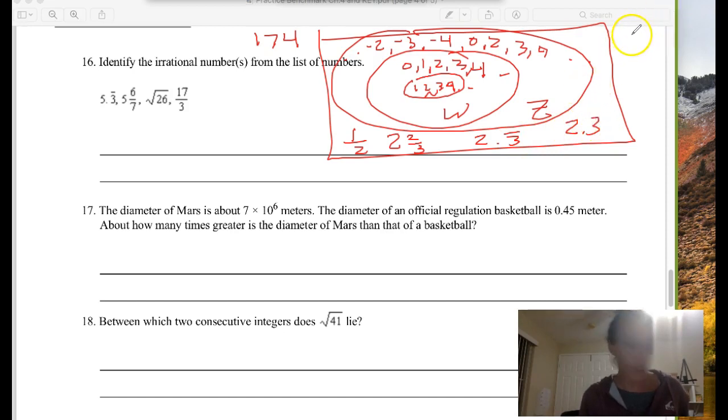What is irrational? Irrationals don't repeat, they don't terminate, they go on forever and ever and ever. So irrational numbers, okay, are numbers like pi, okay, the square root of 3. This doesn't ever terminate or repeat.